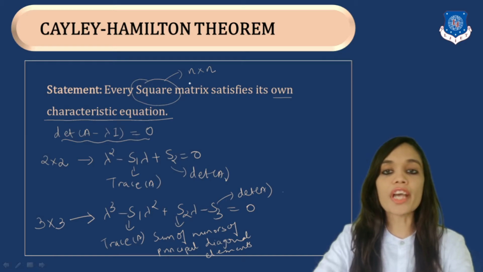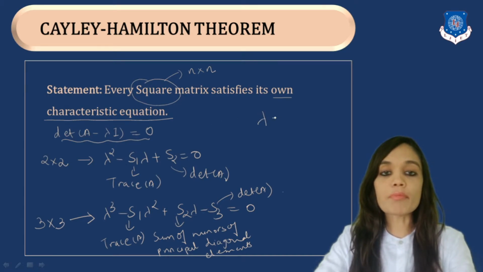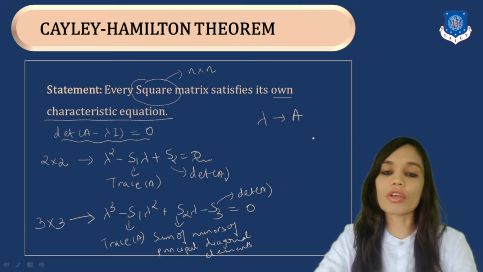Then, in order to verify the Cayley-Hamilton theorem, we will replace lambda by our matrix A and check whether we get a 0 matrix or not.